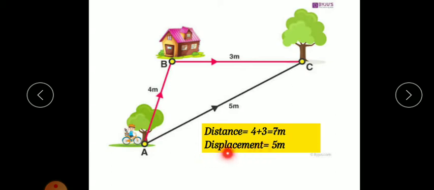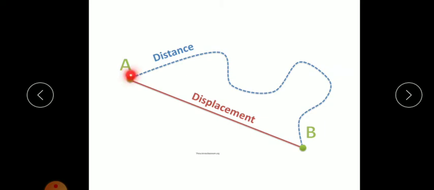So what is the displacement in this case? 5 meters towards the northeast direction. Here you can see points A and B. The shortest straight line distance from here to here is this, so that is the displacement of that object.